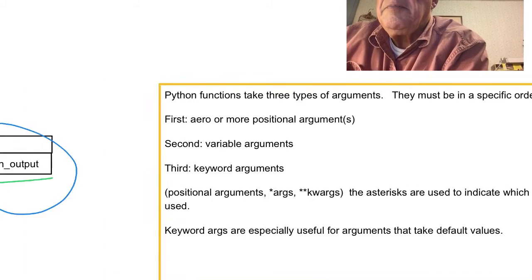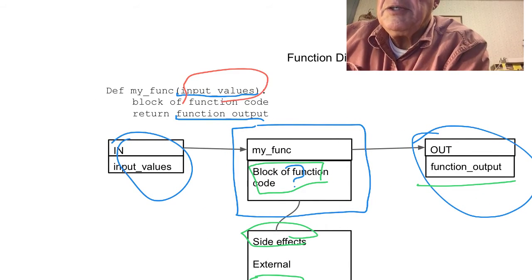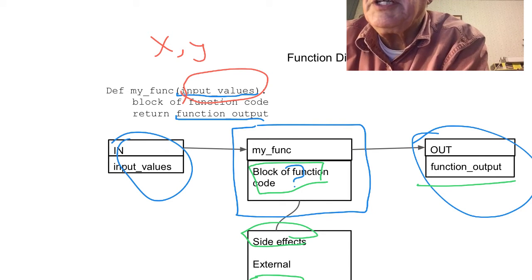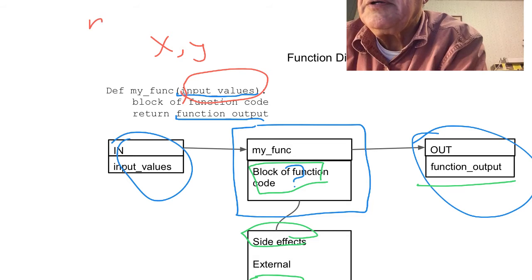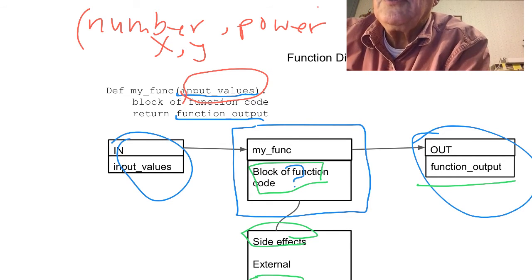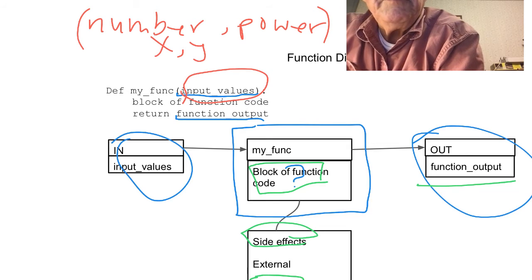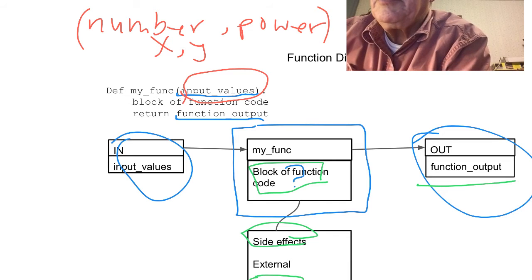If you go back here and look at this, whatever we have for input values here, whether it's x comma y, or whether it's some other set like, I don't know, number comma power. If I were writing a function that took a number and raised it to a power, I might require that the function be called with a number and with the power you wanted to raise that number to.